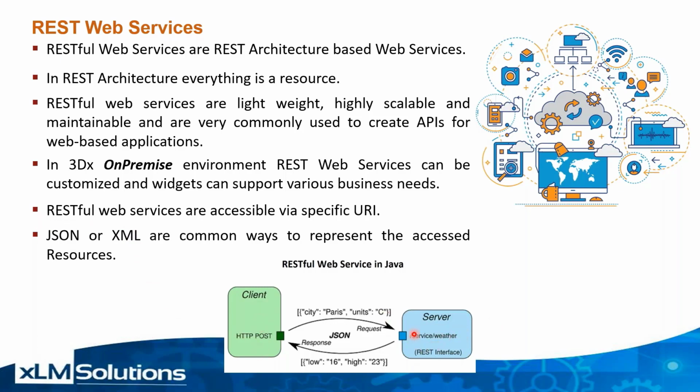This is a kind of URI. Something like /service/weather is a service, or a REST interface, defined there. You need to connect to this web service, and here he is passing JSON. You can see JSON as a request and JSON as a response has come back to the client side. On both sides you need to process the JSON, and you can show it in the UI.